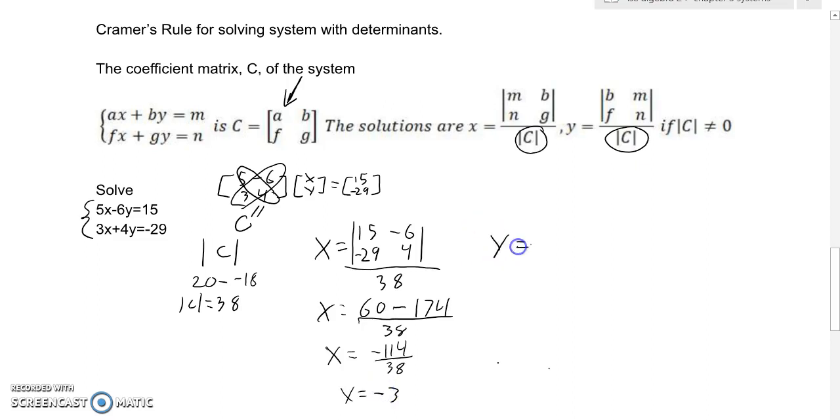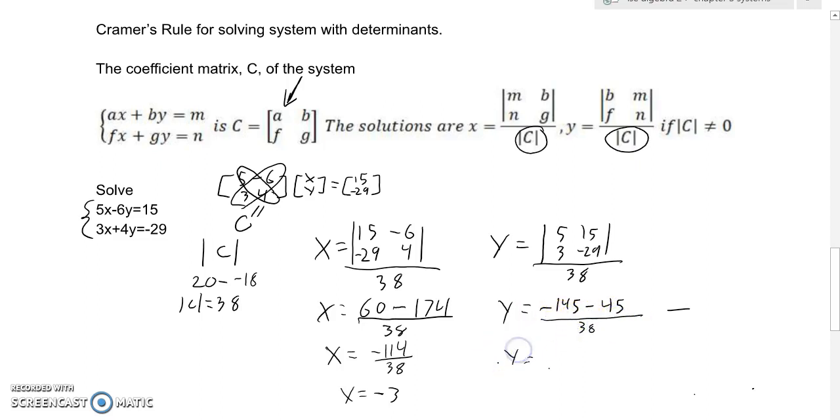When using Cramer's Rule, we're going to do y the same way, except we replace in the coefficient matrix the y's with the answer, so 15 and negative 29. Still dividing by the determinant of C. So we get our diagonals, 5 times negative 29, so negative 145, minus 3 times 15, which is 45, all over the 38.